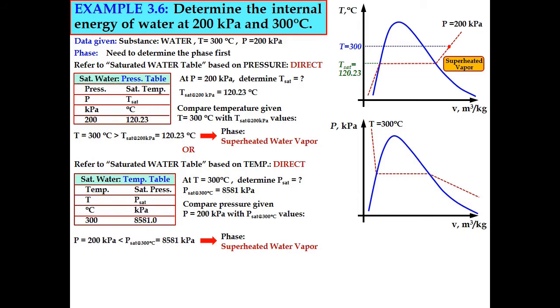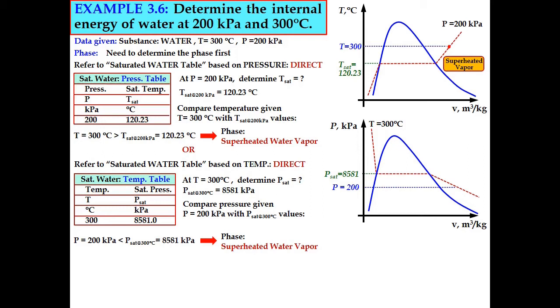So the conclusion is the same: the state is within the superheated vapor region. We can also obtain this conclusion using the PV diagram, where we draw the constant temperature line for 300 degrees Celsius and plot the value of P saturated at 8581 kilopascal. The characteristic of the superheated vapor region is that the pressure must be lower than P saturated.